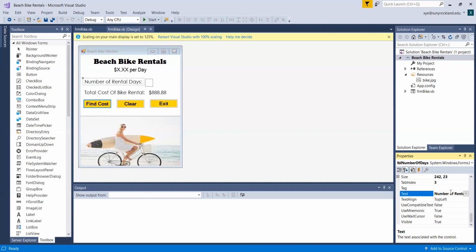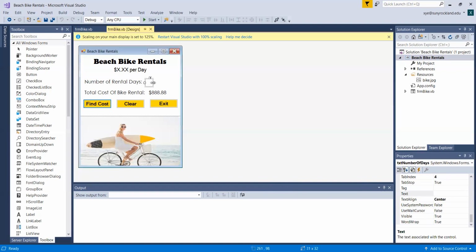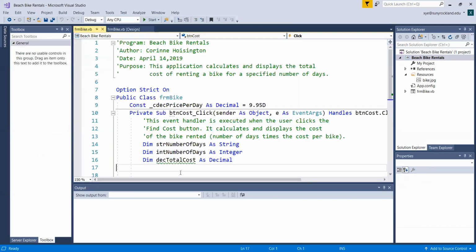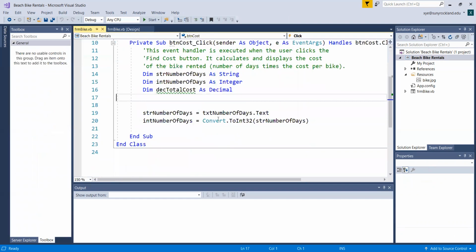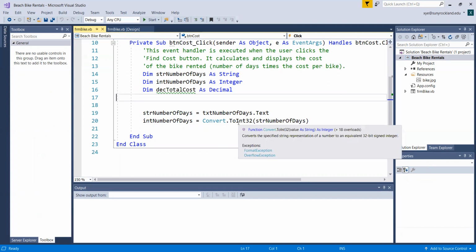Now, if we want to take the string value, whatever we type right here, and do the calculation, then we have to convert it to integers. That is why last time at the end of the class, we learned Convert.ToInt32.